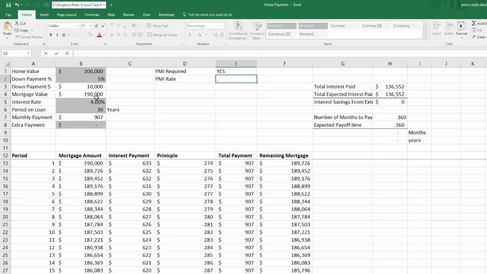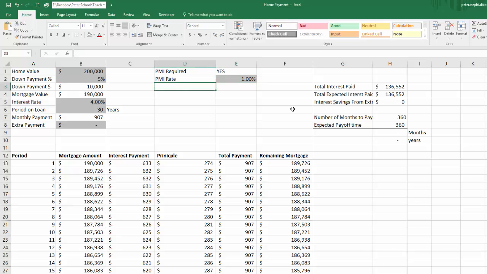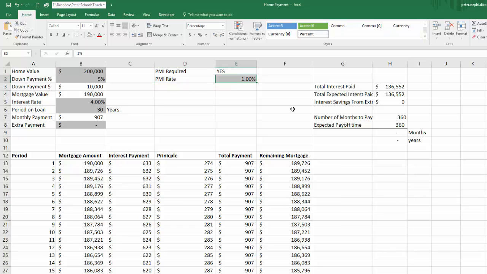Typically, they run about 1%. They can be as low as 0.5% or as high as 2%, but typically they'll be about 1%. If you're getting PMI insurance, then you can put your given rate in there.